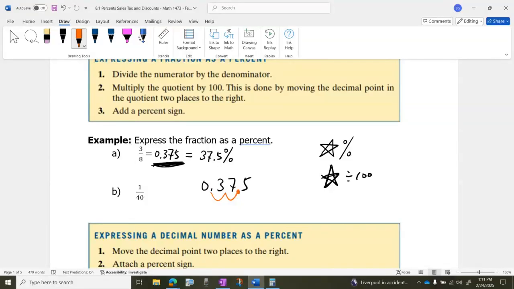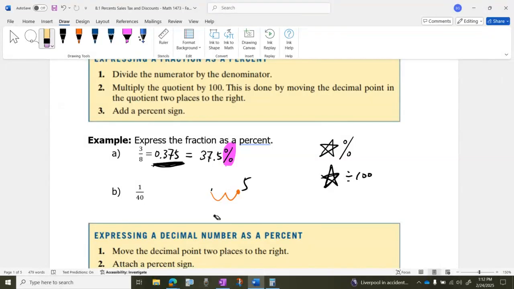We make the number 100 times bigger because we are going to attach the percent sign. Once we attach the percent sign, we have the number 37.5 100 times smaller. So it's balanced out. It's good to understand why we do that.